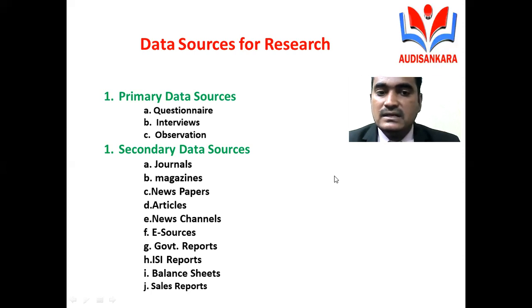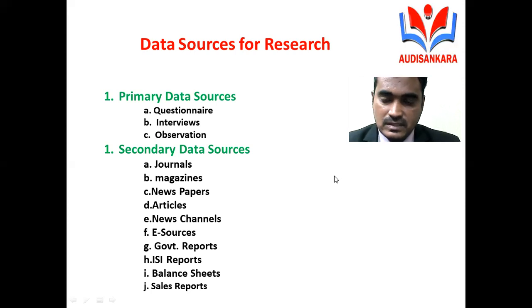Now the second one, the secondary data sources. The secondary data sources are the sources where data is already collected by someone, maybe kept in any form. Secondary data sources are numerous. Otherwise, when we do not have sufficient secondary data sources, it's not even possible to collect the literature review.